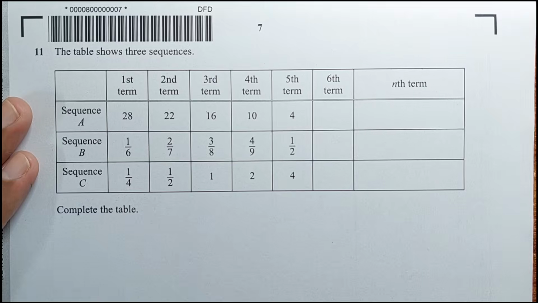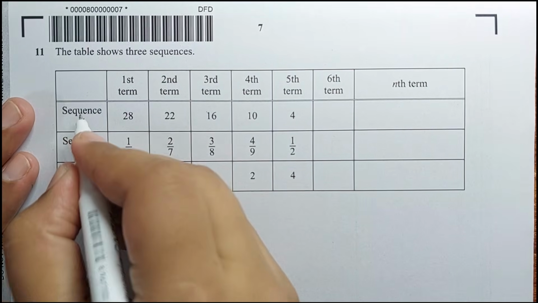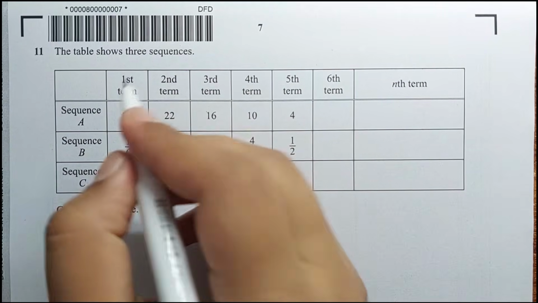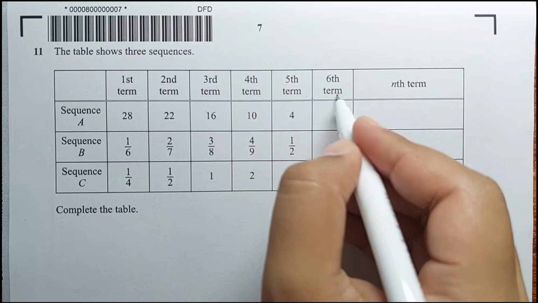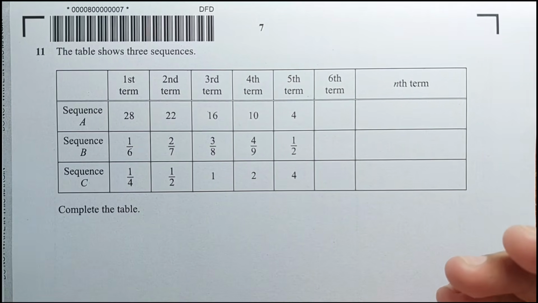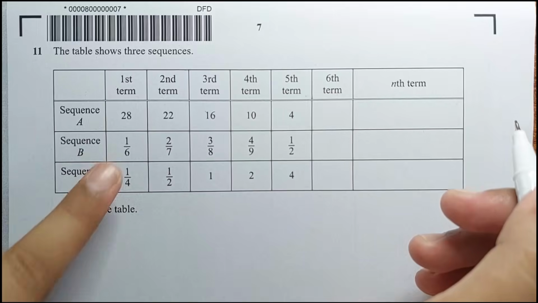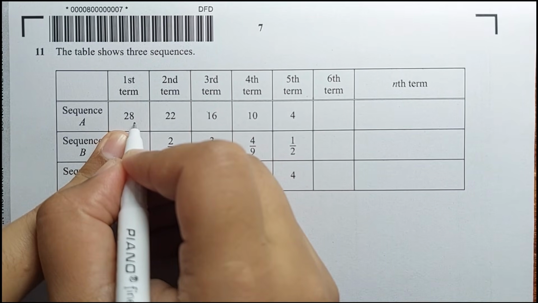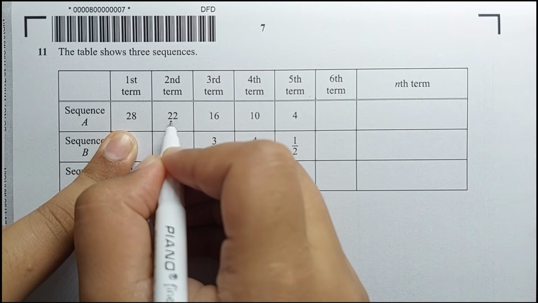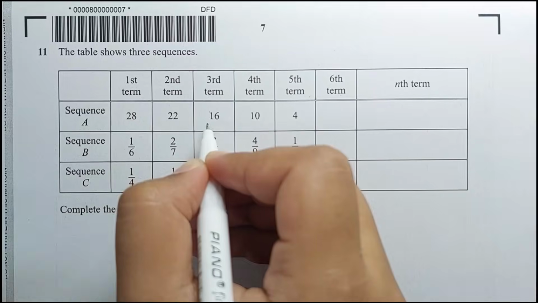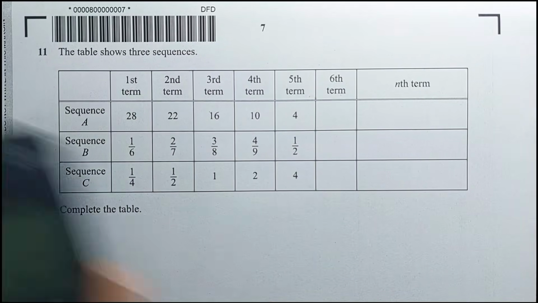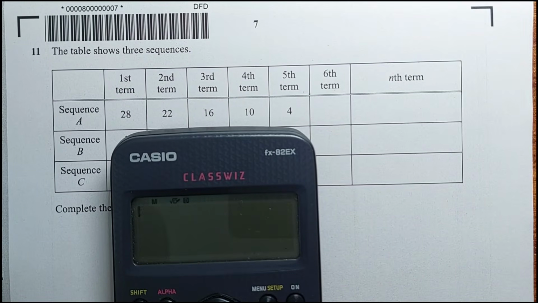Question number 11. The table shows three sequences: sequence A, sequence B, and sequence C. First, second, third, fourth, fifth, sixth. We need to get the nth term. Complete the table. Okay, so the first term is 28, 22, 16. Let me figure out the difference between the terms.